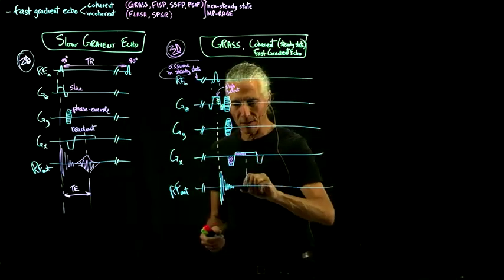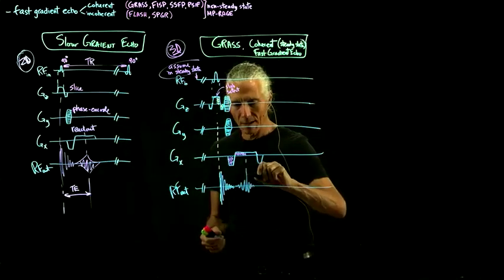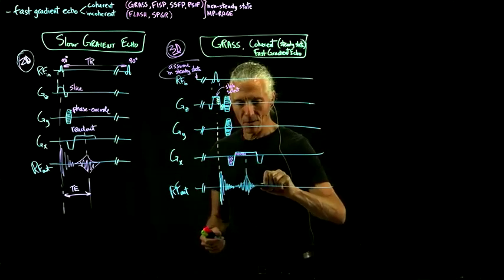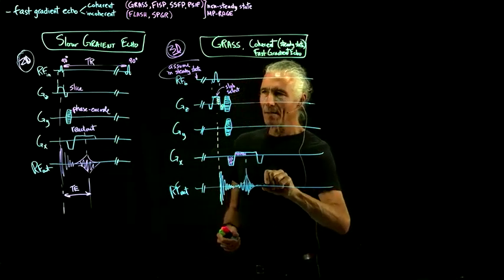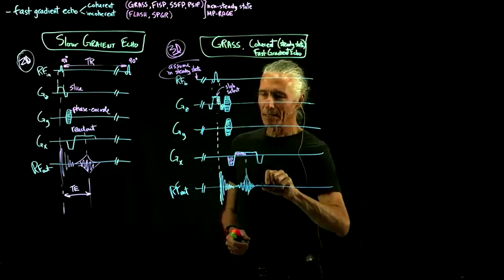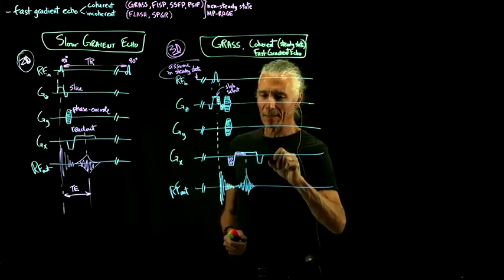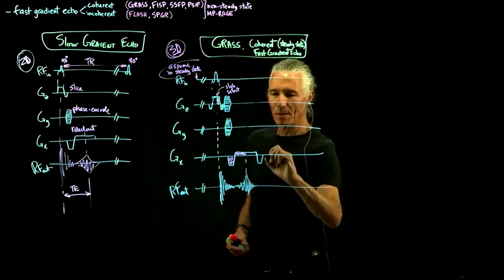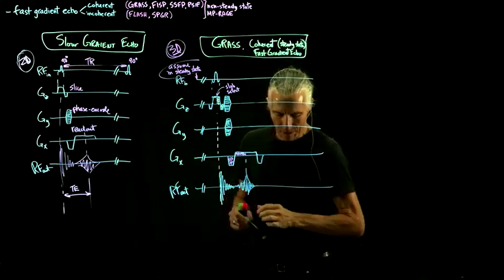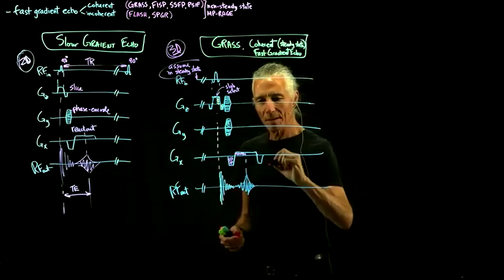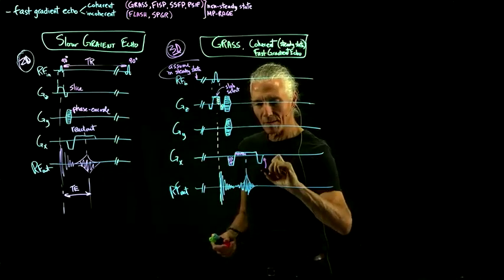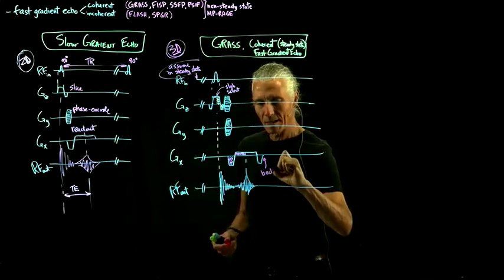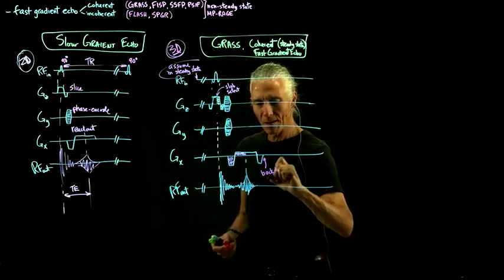That's when the echo occurs. And then at this point, we're back to the right side of k-space, and so this will put us back to the center. So at this point, we're back to the k-space center.